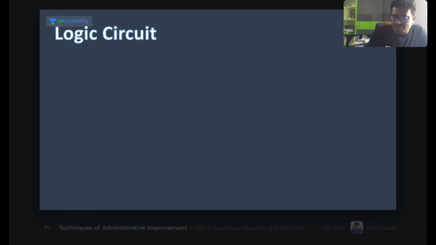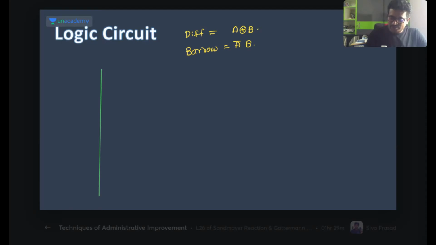And we can implement this. Here we have seen the difference is the XOR operation, and the borrow is A bar B. So in the same manner, this is my A and this is my B, and I take one XOR gate.